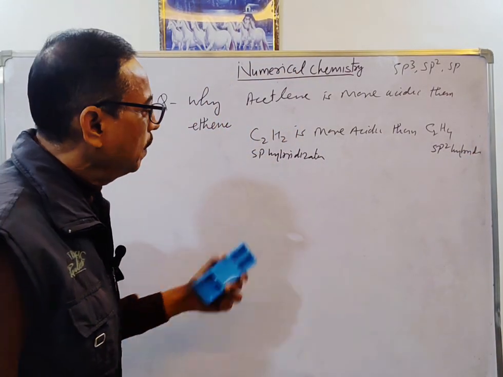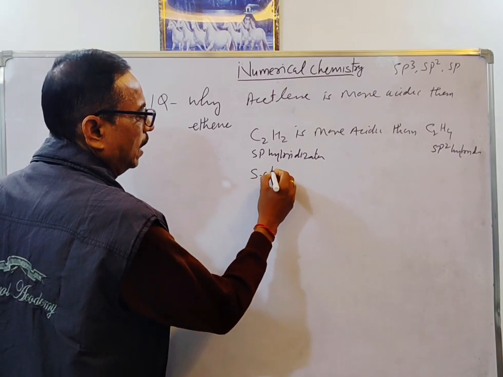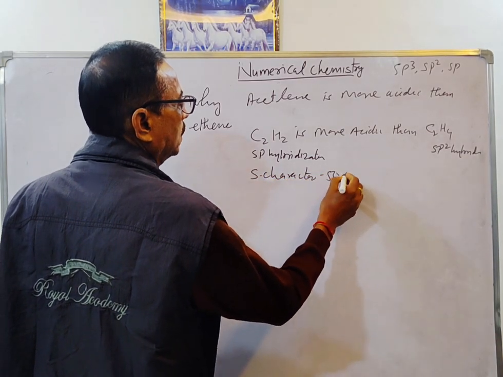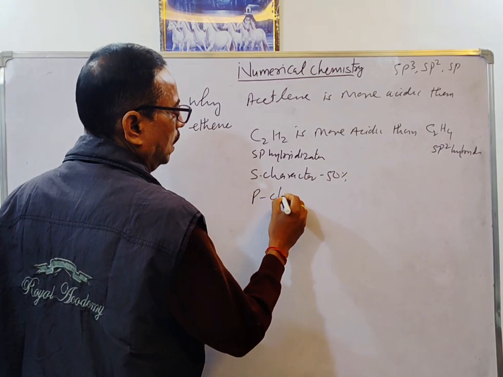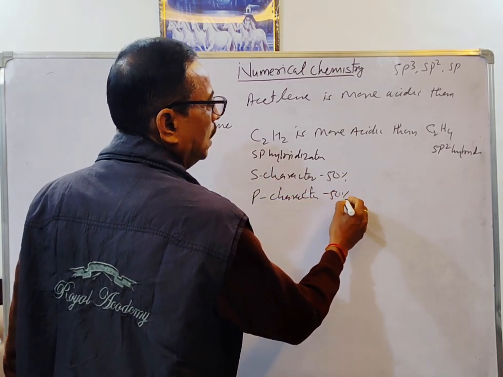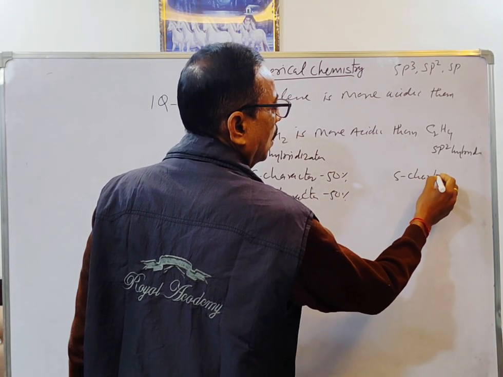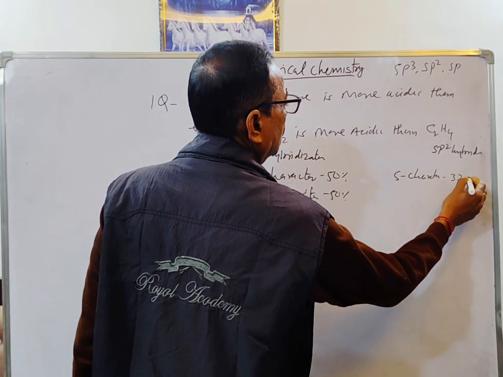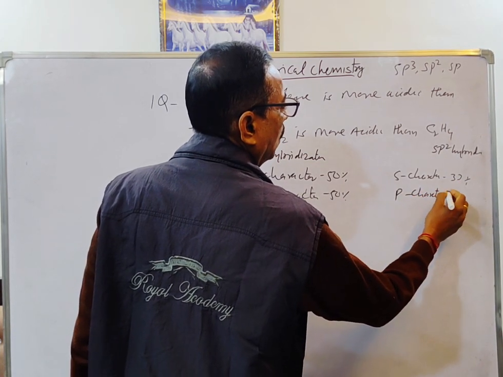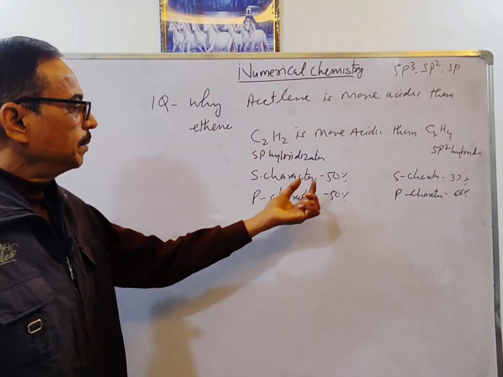In sp hybridization, S character is 50%, P character 50%. In sp2, S character is 33%, P character 66%. So you see S character is 50% in sp.